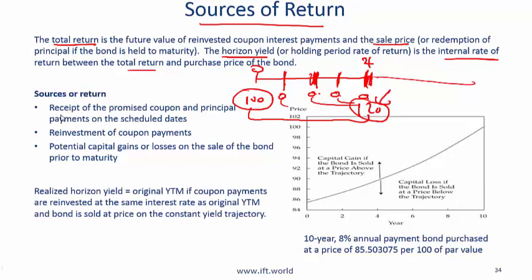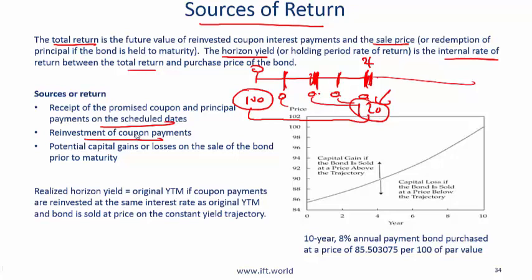Sources of return. So now, building on what we've been talking about, the receipt of the promised coupon and principal payments on scheduled dates. In other words, one source of your return is simply all the coupon payments and the principal that you will receive. Then you reinvest your coupon payments and you get interest on that.